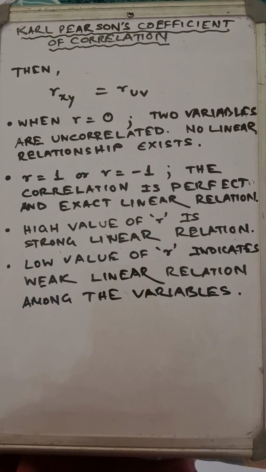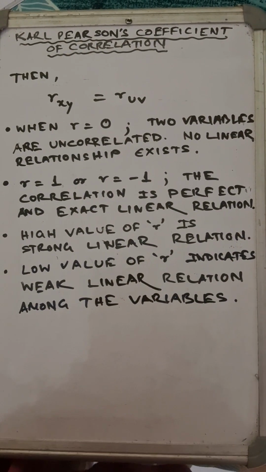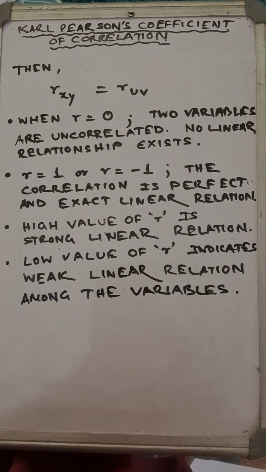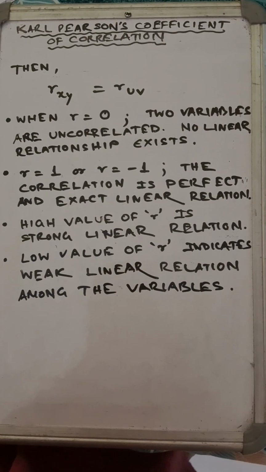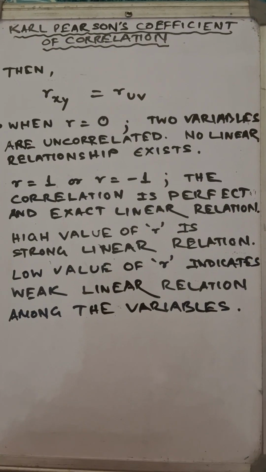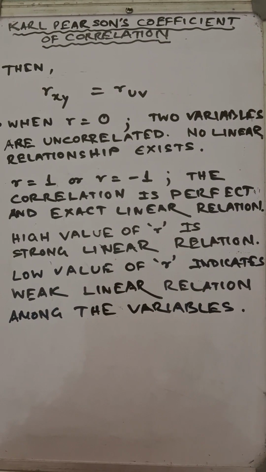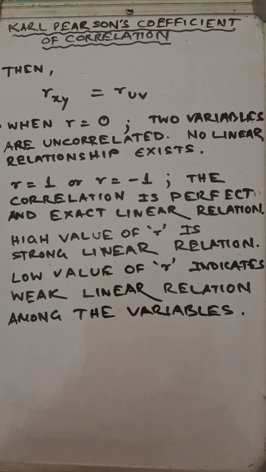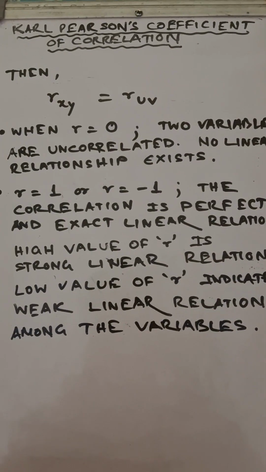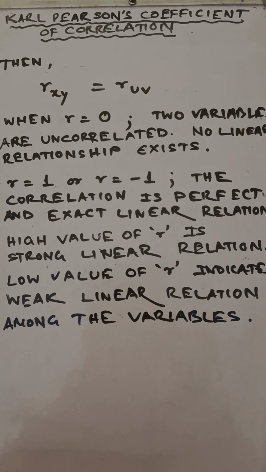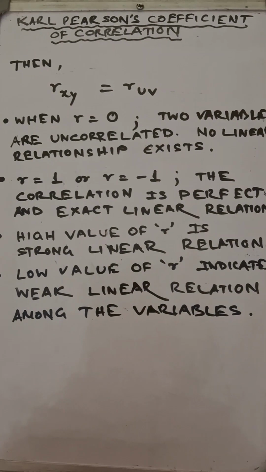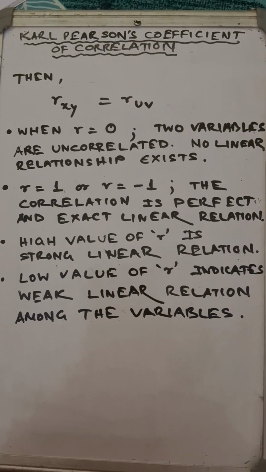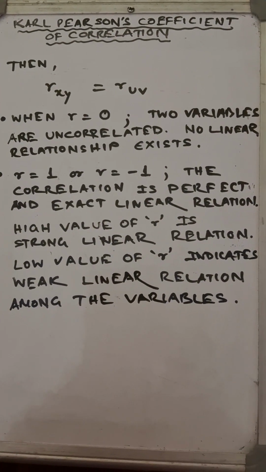When r is equal to 0, the variables are uncorrelated, so no linear relationship exists between the values. When r is equal to 1 or -1, the correlation is perfect and an exact linear relationship exists. A high value of r means a strong linear relationship, whereas a low value of r indicates a weak linear relationship among the variables.